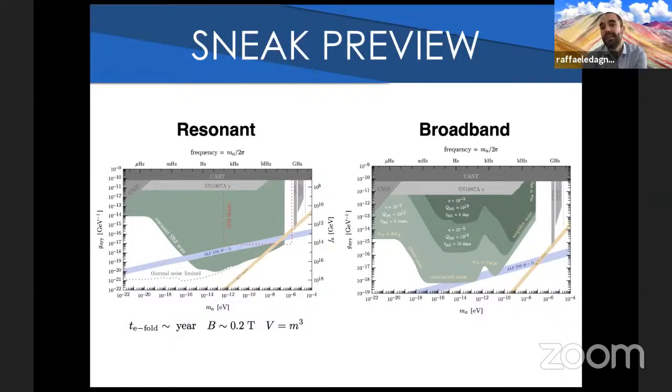Yeah, so we did that just because we wanted to show the expected sensitivity for a single cavity. So, for example, in the resonant case, we cut our reach when the two modes were split by order 1.